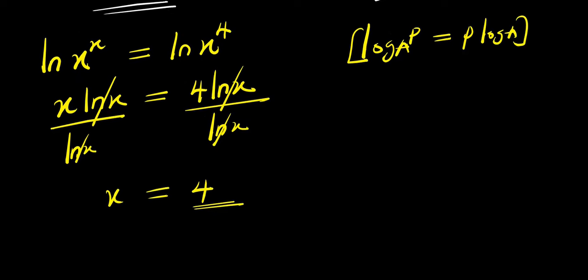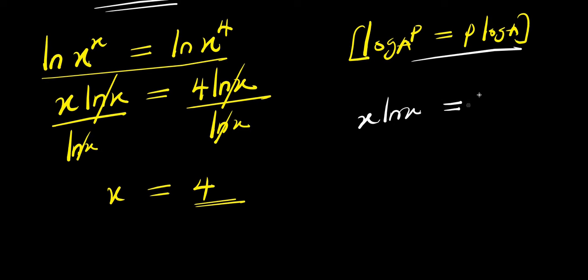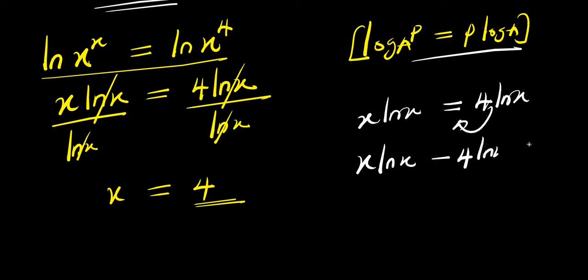But there is how we can form an equation from this. So if you apply this identity again, you have x times natural log of x equals 4 times natural log of x. Instead of dividing just like what we did here, I can move this over here. I have x times natural log of x minus 4 times natural log of x equals 0.